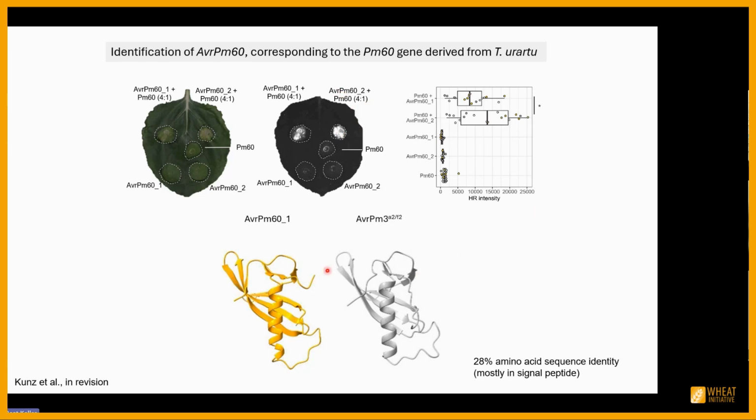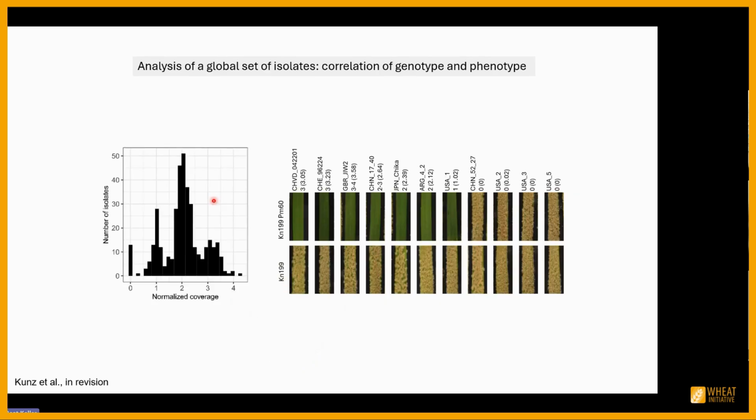And this AVR-PM60 has this RNase fold predicted structure. When we then went to the global population, we saw that there were isolates with 1 copy, with 2 copies, 3 and 4 copies, and this correlated very nicely with phenotype, and only those isolates with no copy of this AVR-PM60 gene were virulent, as you can see here.